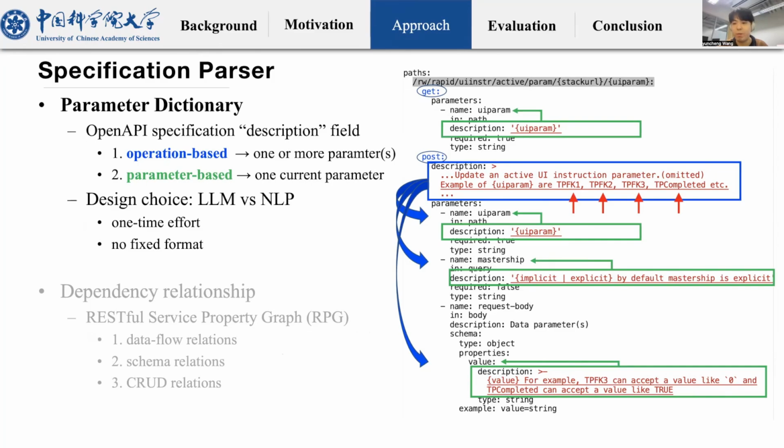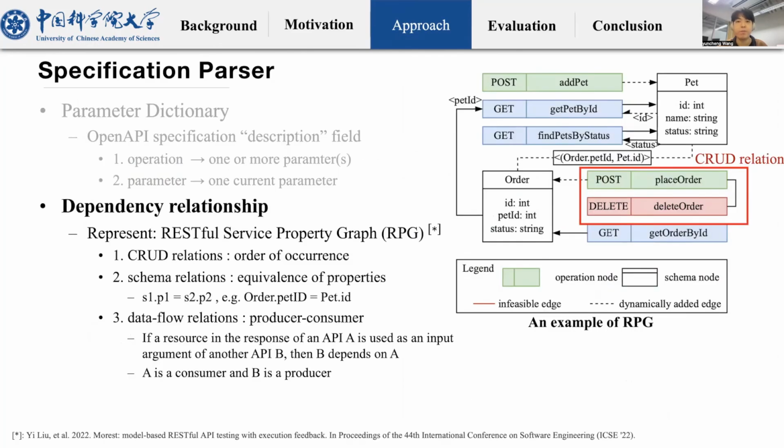Similarly, for each parameter's description field, such as the green section, we directly extract possible values from the description and use them to build a candidate dictionary for the current parameter. And we use a large language model as the knowledge extraction tool for this task.